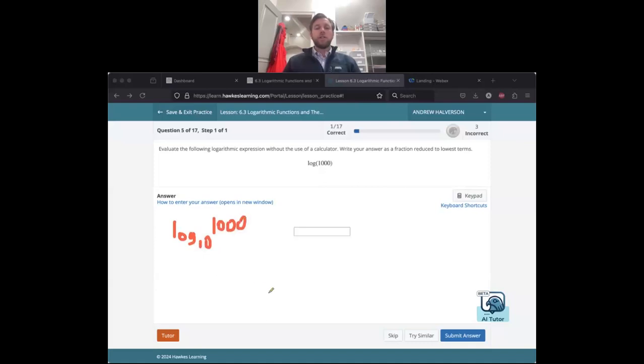How would you turn this into an exponential? This would be your base, this would be your n, and it equals x. Using b to the x equals n, you would get 10 to the x equals 1,000.